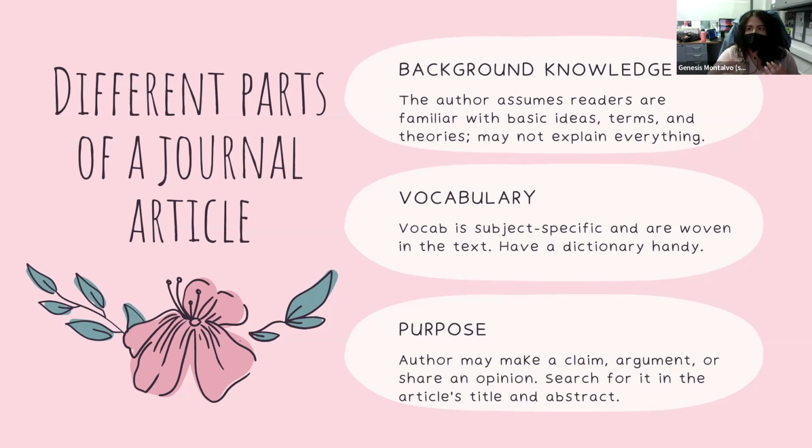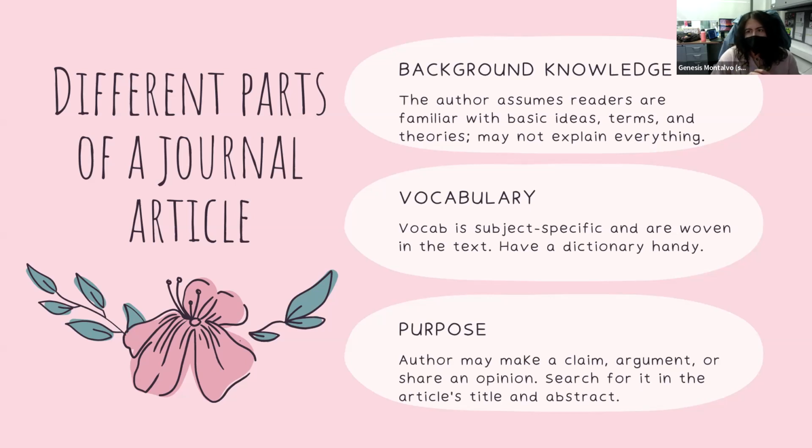So it's important for you to ensure that you have an understanding of what these theories or basic ideas might be. And if you're not 100% sure of what they might be, or you feel like you need additional information, then it's always good to have a dictionary on hand, outside readings, or your class notes, because all of that is going to work together in order for you to understand the journal article.